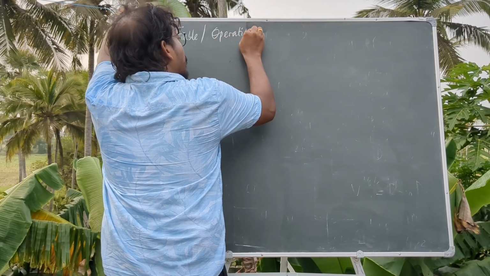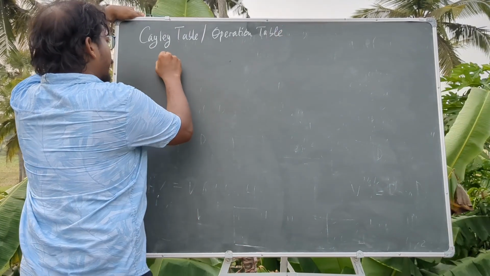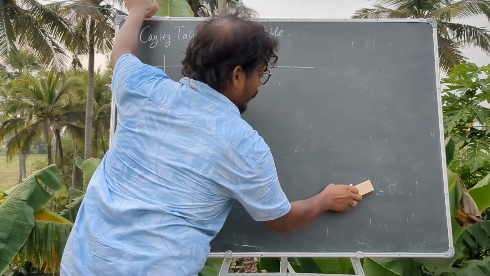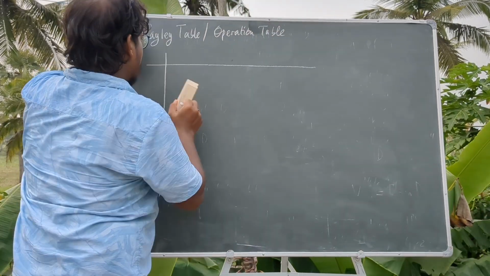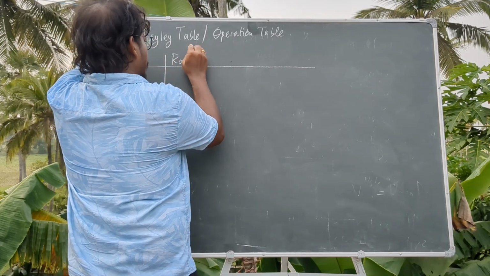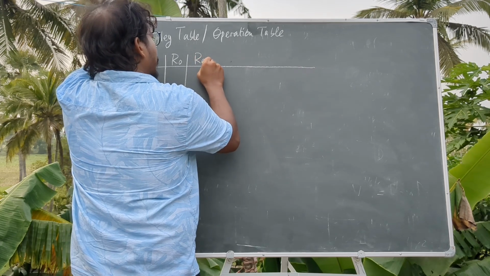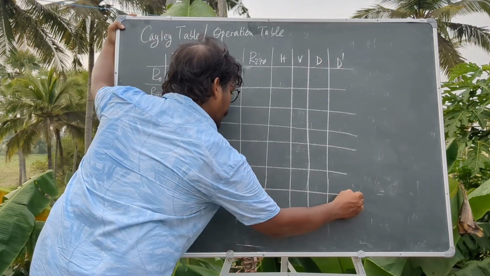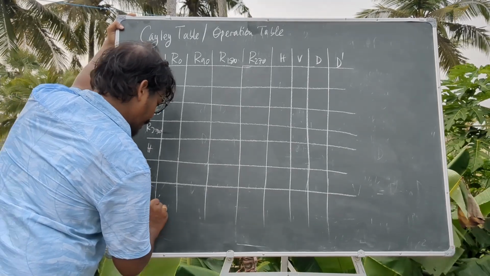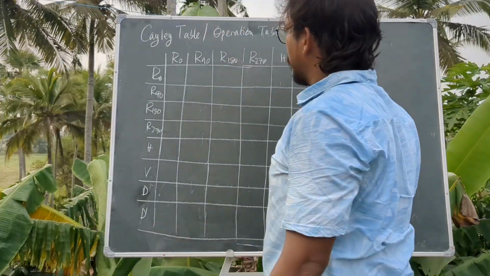We have lines, and here we have the elements. This is R0, R90, D, then we have D dash.